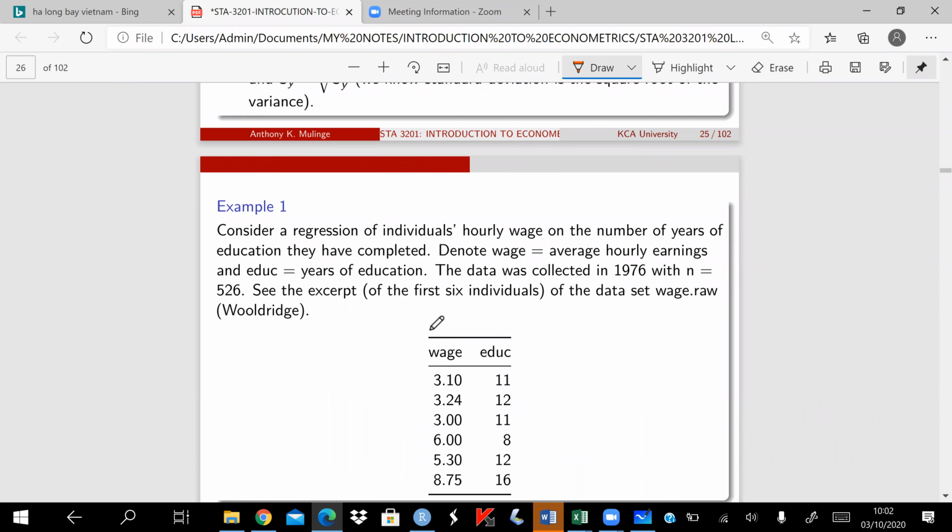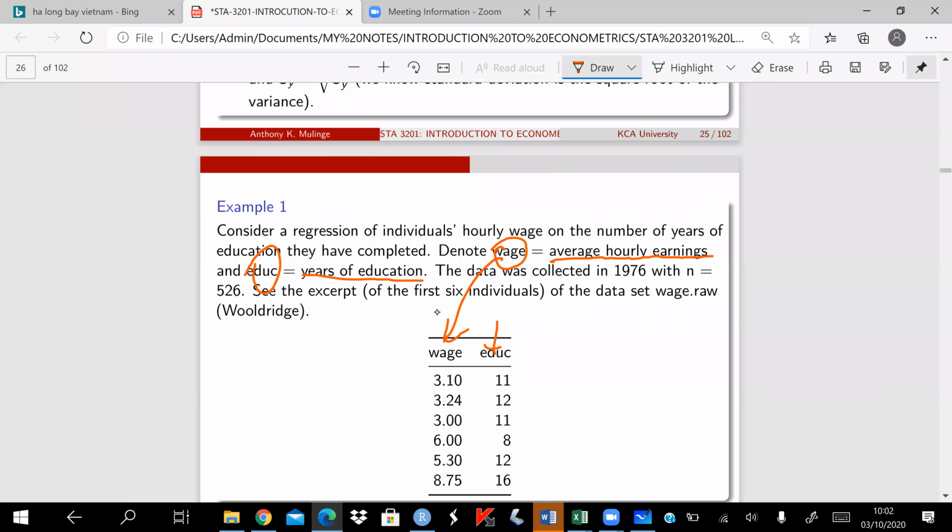As I told you earlier, I'm using data from the textbook by Wooldridge. We want to consider a regression of individuals' hourly wage on the number of years of education they have completed. We denote the wage to be equal to the average hourly earnings, and educ to be the years of education.